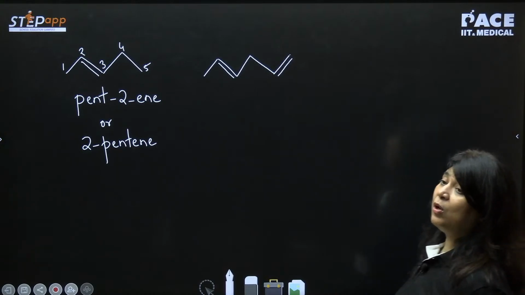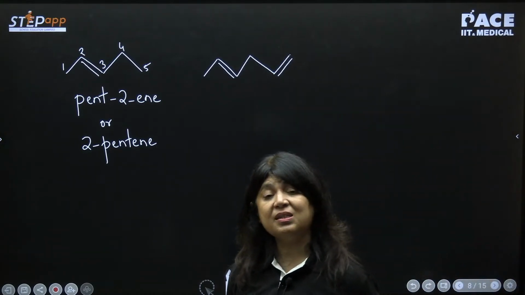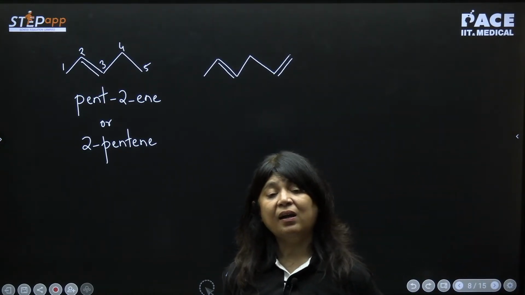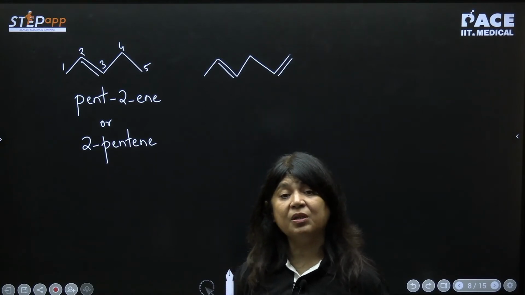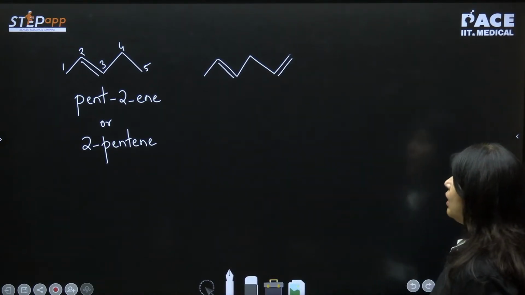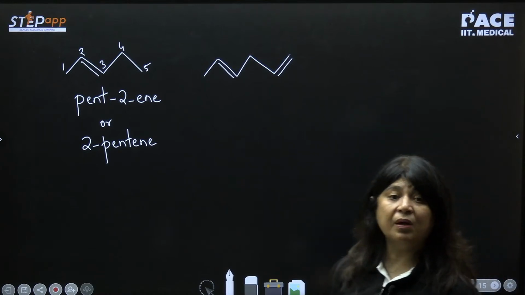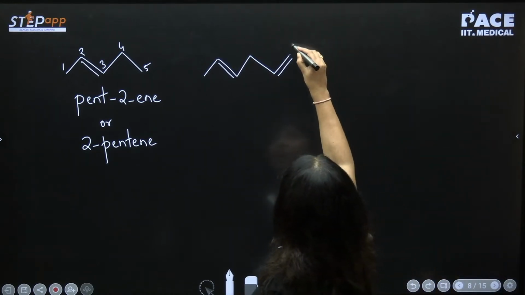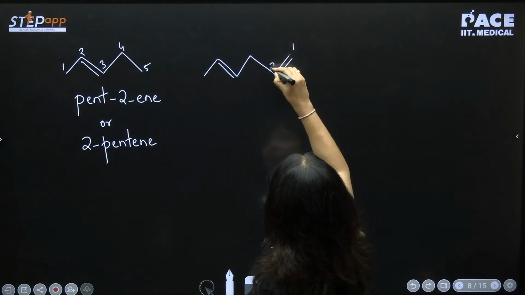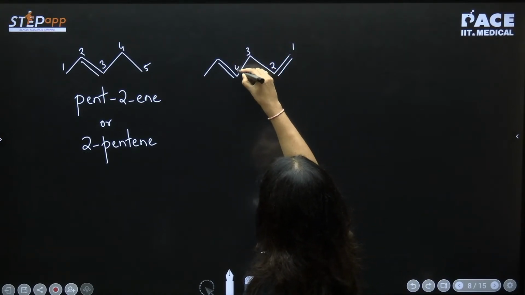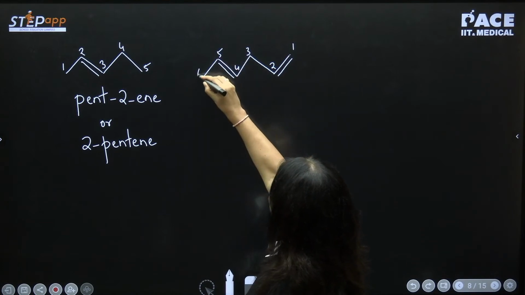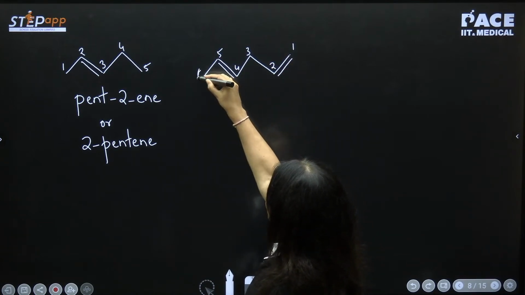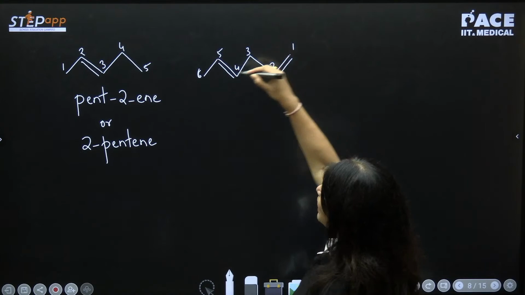Again, where the double bonds are, which positions they have been placed in. For that, I have to start numbering the carbon chain. Numbering of the carbon chain should give the lowest number to the carbon-carbon double bond. So if I start numbering from this end, the double bonds are getting position 1 and position 4. What if I number it from the left hand side?